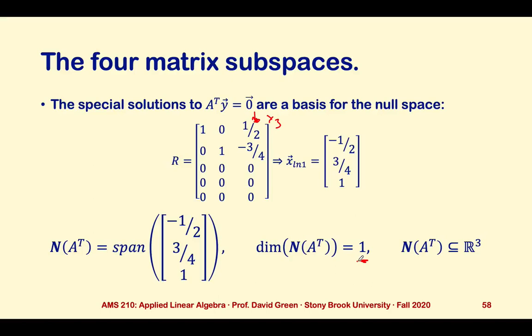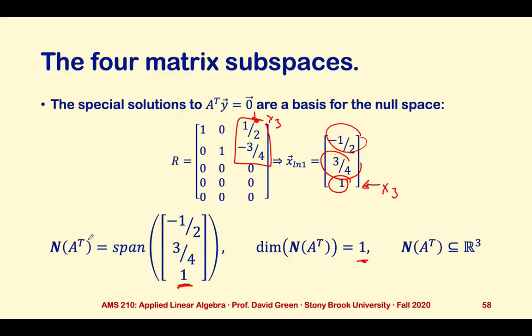We find a basis for that by setting the free variable equal to 1, and getting the additional entries from the column corresponding to this. The first pivot gives us negative half, and the second pivot gives us negative 3/4, or 3/4. Our single vector for the basis of the left null space is negative half, 3/4, 1.